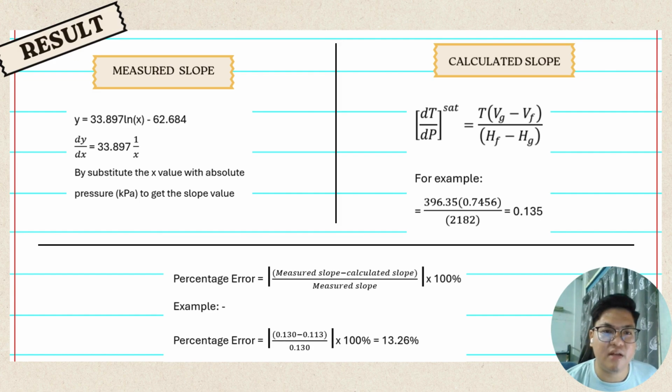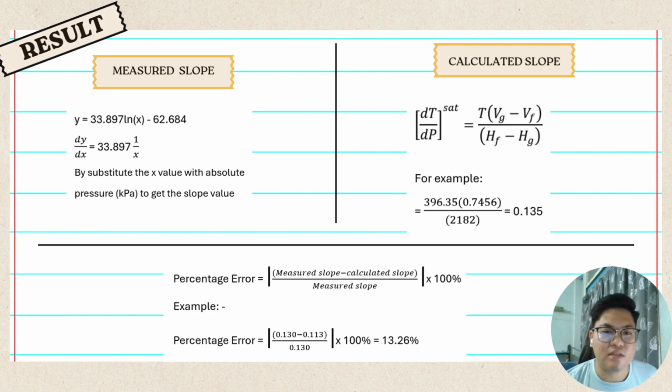We can obtain the values of vg minus vf and hg minus hf from the steam table. So for example, 396.39, which is the temperature in Kelvin, times 0.7496 divided by 2182, and we will get 0.135.